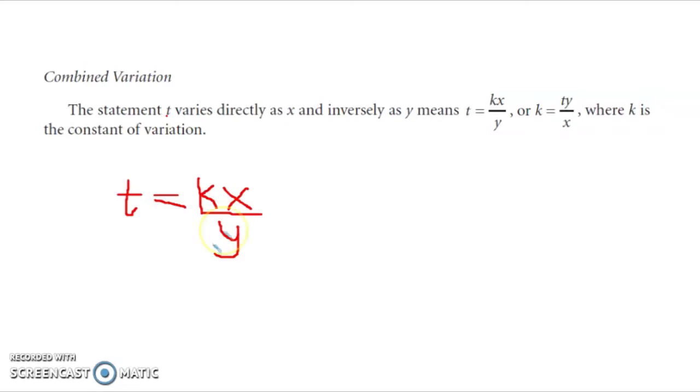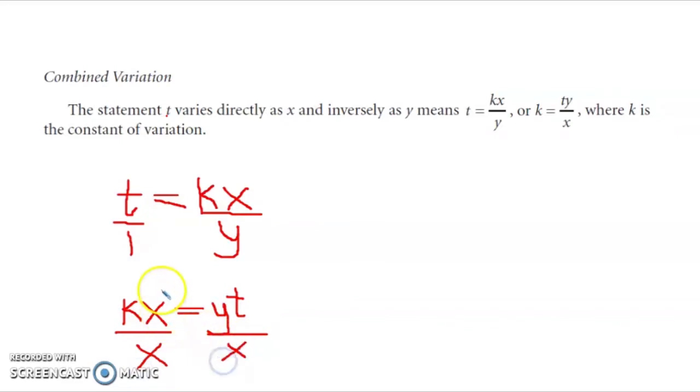Now if you are asked to solve for k, or the constant of variation, remember that t has a denominator of 1. So we are going to cross multiply: kx times 1 is kx, because any number multiplied by 1 is still the same. T times y is yt, or ty. Since we're only looking for the constant of variation k, we divide both sides by x.